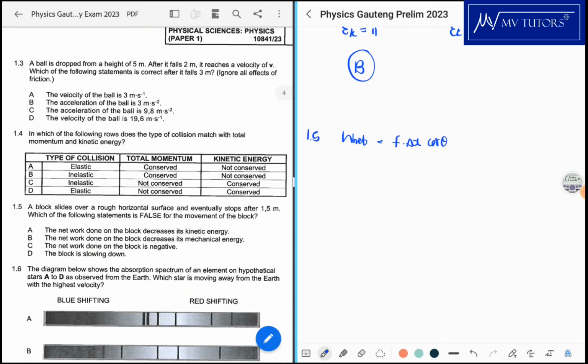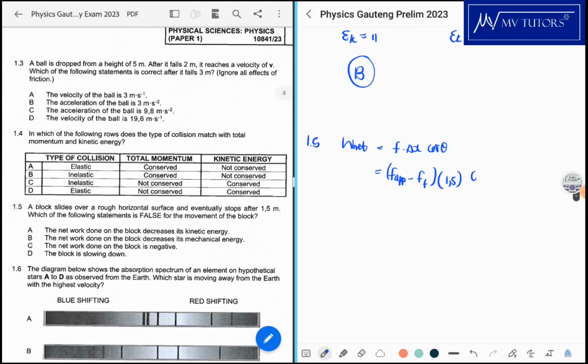So this block slides over a rough horizontal surface. So if it's rough, you have this force that was probably applied, and you have your frictional force over there. The distance was 1.5, and probably this would be cos 0.